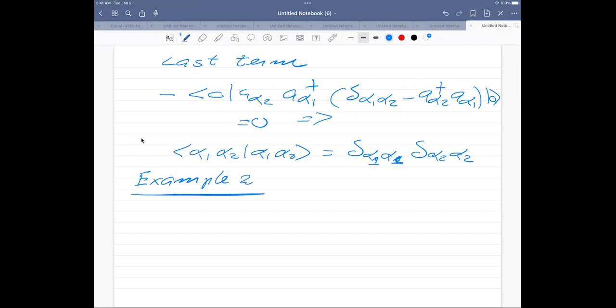And now we define something which we are going to call a number operator. So n with a hat, the hat over it means that this is an operator. And this is going to be a sum over specific single particle states of A alpha dagger A alpha. This is normally called a number operator, and you will see immediately why.